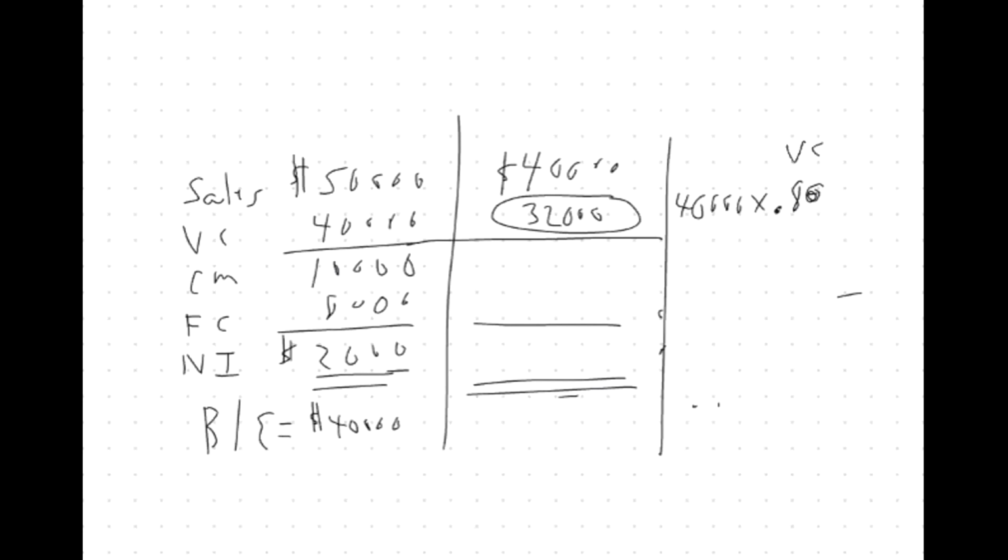Now, I want to get the contribution margin, but I want to compute it instead of subtracting. How do I find the total contribution margin when the sales are 40,000? I'm going to use the contribution margin ratio. 40,000 times 0.20. 8,000.